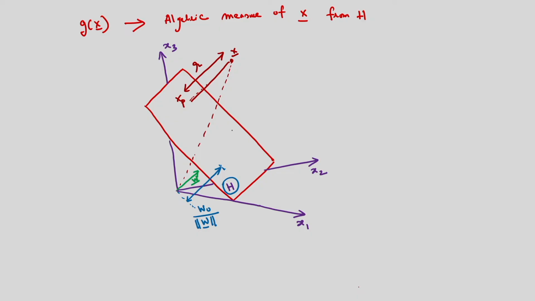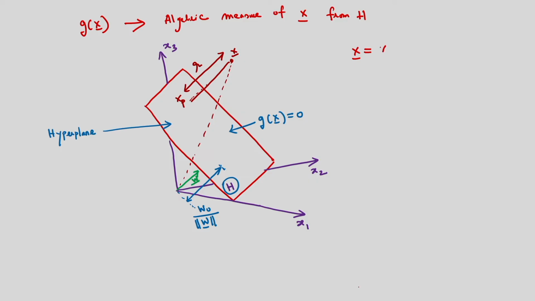So what is the equation of this decision boundary? The equation of the decision boundary is Gx equal to 0. So already I have mentioned. So this is the hyperplane, and the equation of the hyperplane is Gx equal to 0. Now what is X? X I can represent like this.